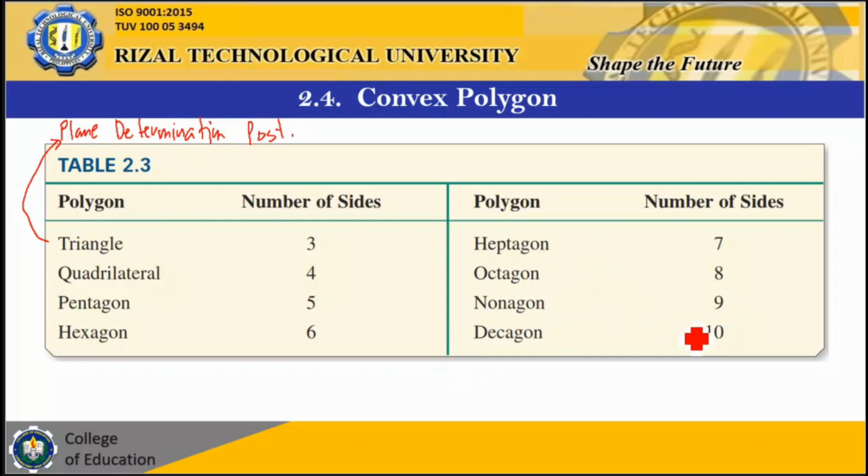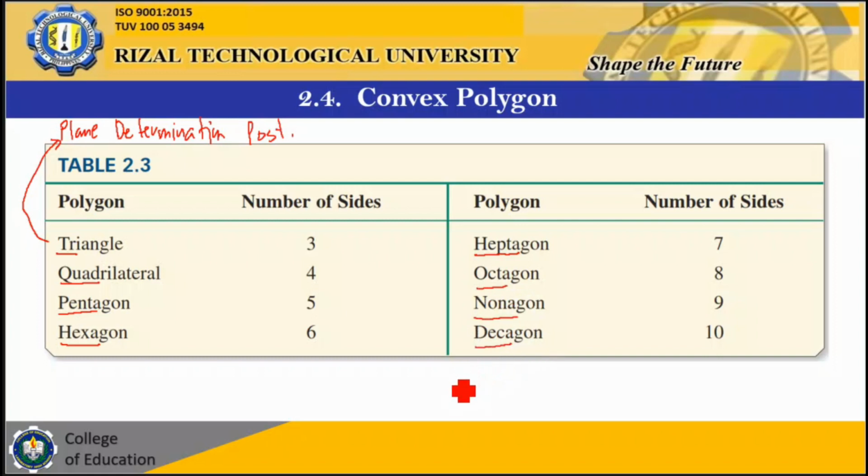10 is a decagon. And you will notice that the prefix tells you the number. Hepta is 7, octa is 8, nona and deca.